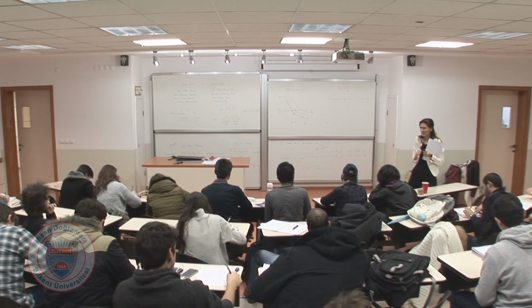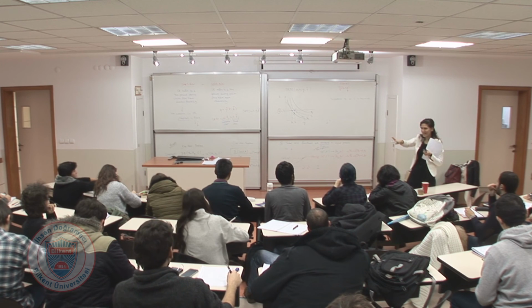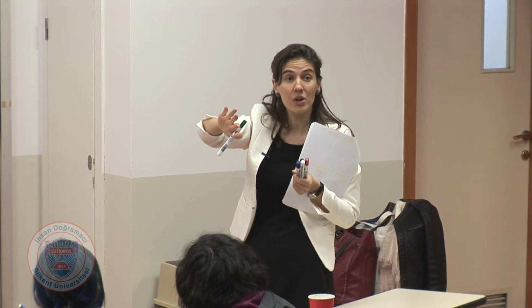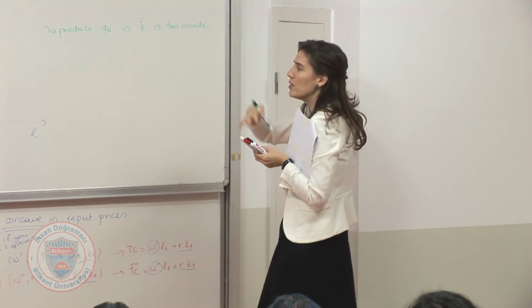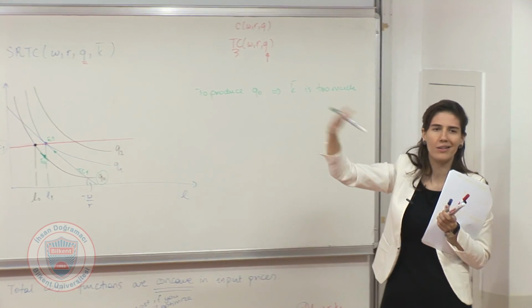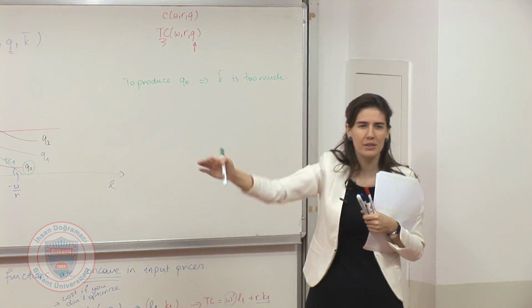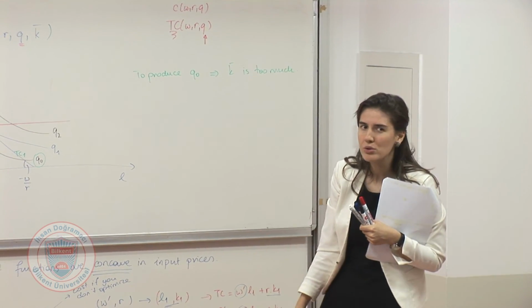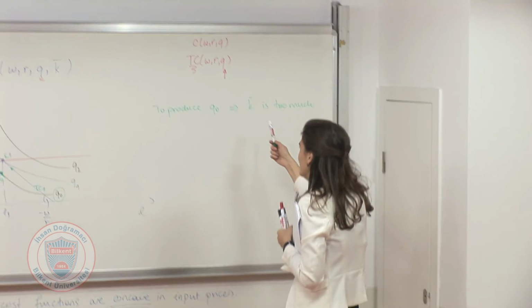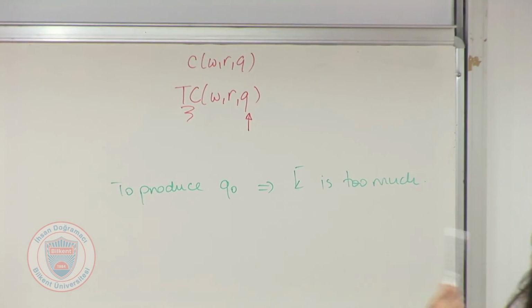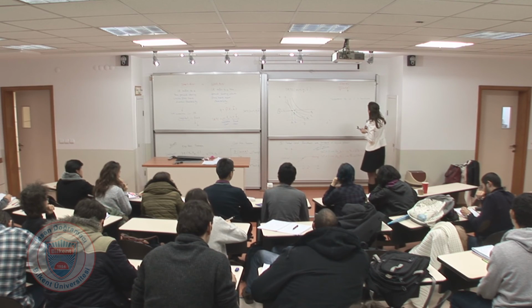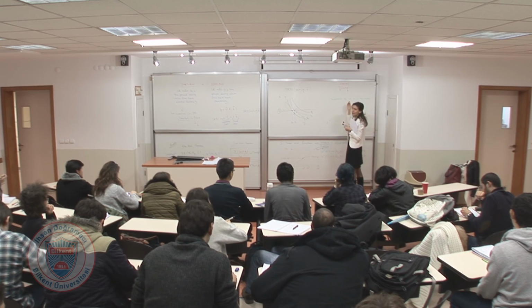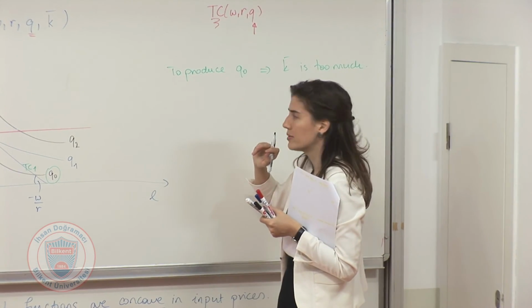Suppose you open up this big restaurant, now your capital is fixed, but you're not producing that much. So apparently that restaurant was too big to begin with. So K bar is too much, but in the short run, there's nothing you can do, okay?